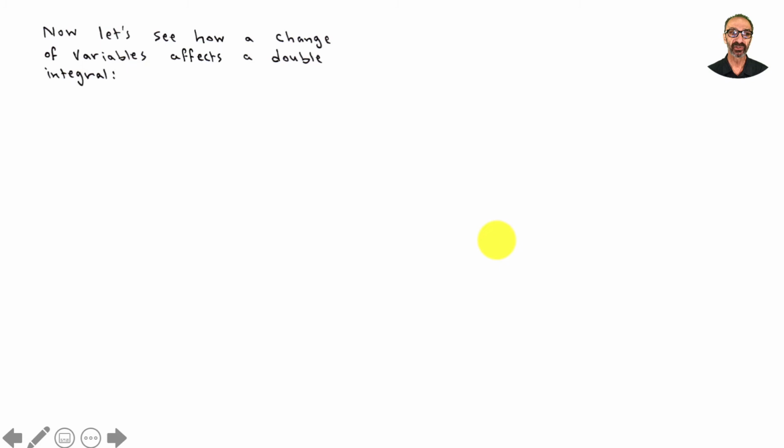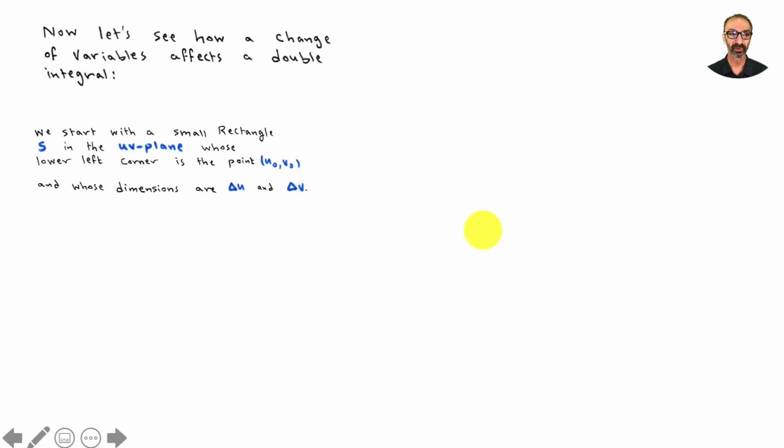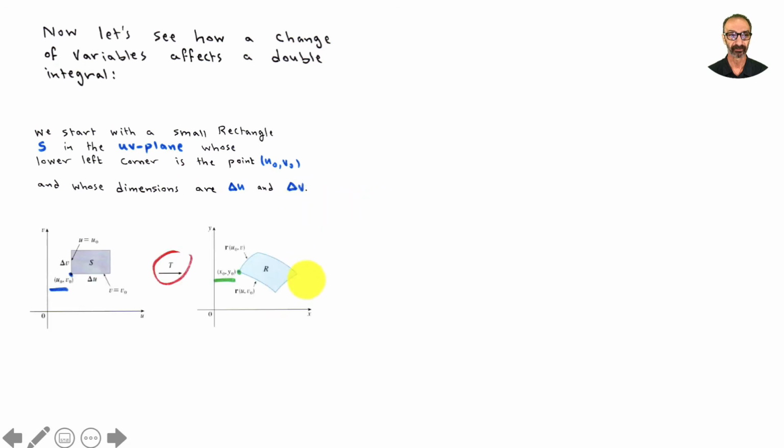Now let's see how change of variables affects a double integral. We start with a small rectangle S in the uv plane, whose lower left corner is the point u sub 0, v sub 0, and whose dimensions are delta u and delta v. To make it simple, we just start with a rectangle, and we're going to transform the whole thing to this right here.